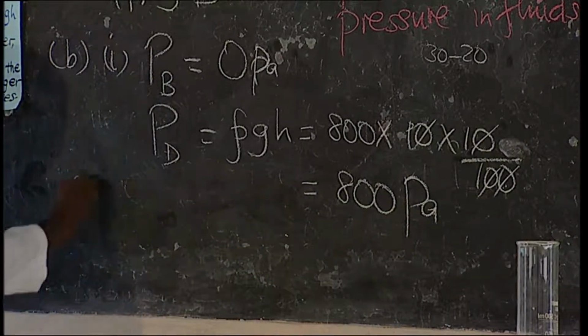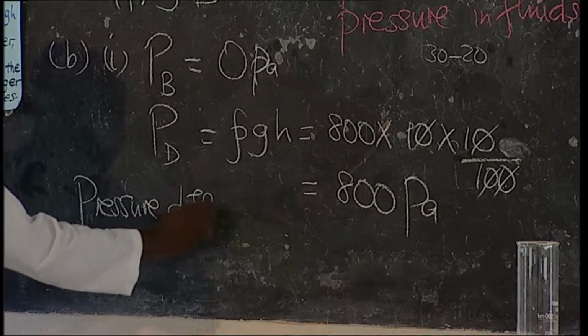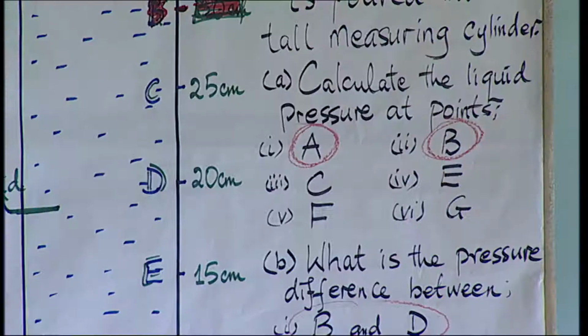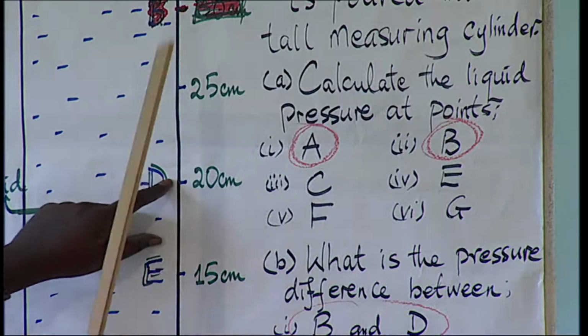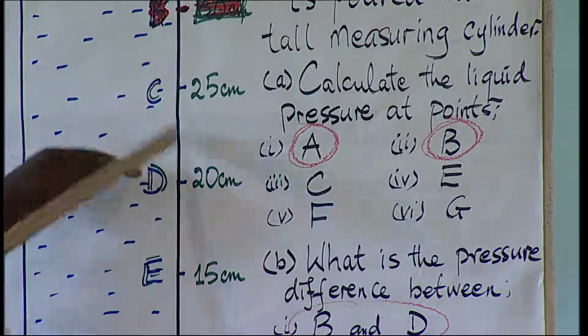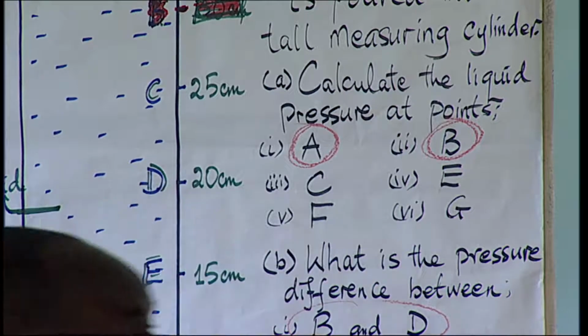So pressure difference, because that is what is asked, is going to be, as we saw in the previous experiment, the pressure at D is greater than the pressure at what? At B. Because D is inside the liquid. As you go deeper inside the liquid, the pressure increases.